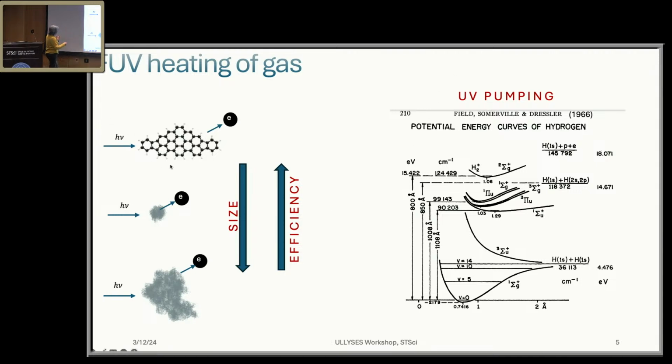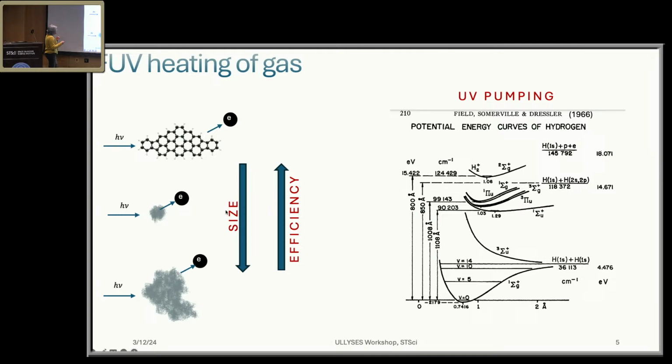So there are three different dust sizes that I have here. The mechanism is that you have an FUV photon. These are PAH molecules, and the photon hits the molecule, an electron gets ejected, and this electron has energy, which then collides with gas molecules and heats the gas. You can also do that for small grains, and for larger dust grains you can do the same thing.